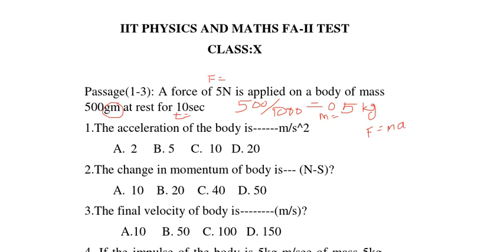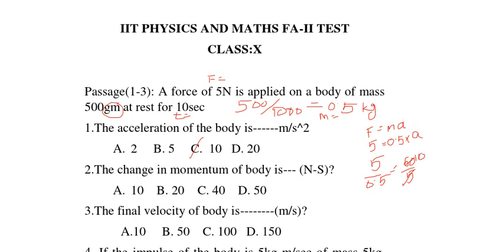In this problem, F is 5, m is 0.5, and we have to find a. So 5 by 0.5 is equal to 50 by 5. I hope you know the simplification. So my a value is 10 meter per second square. So option C is the correct answer for question number 1.